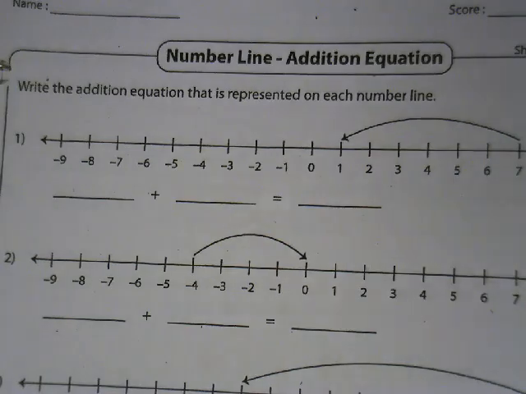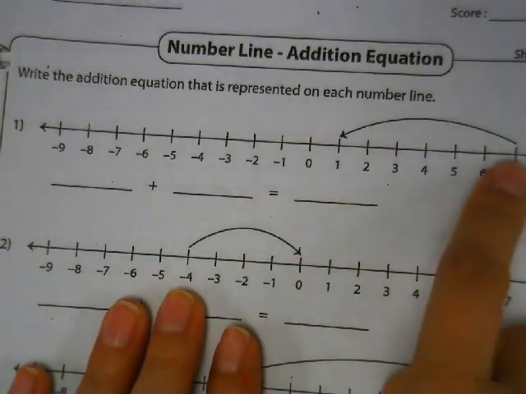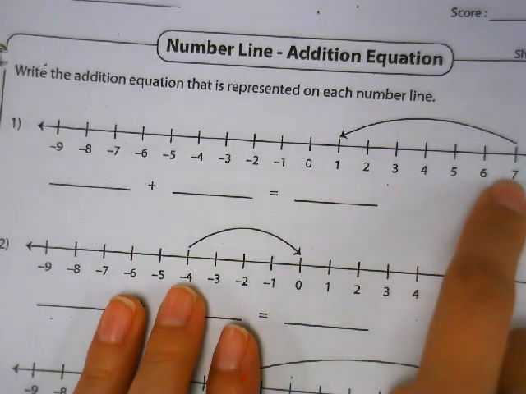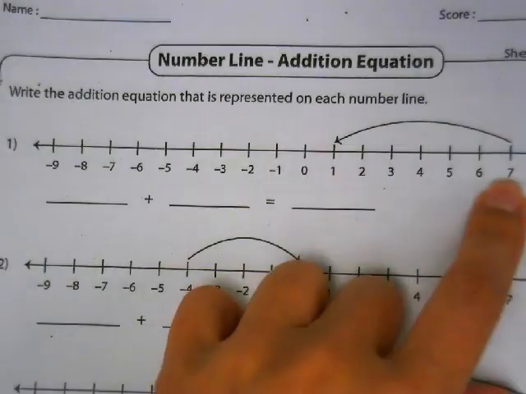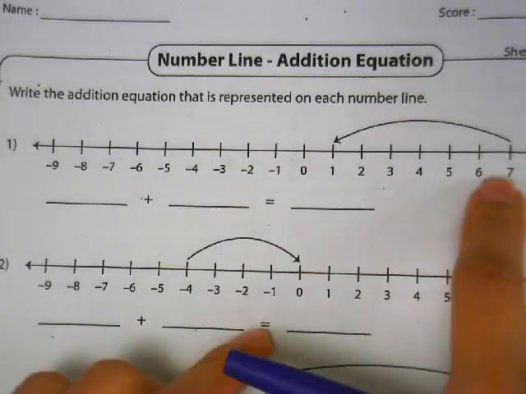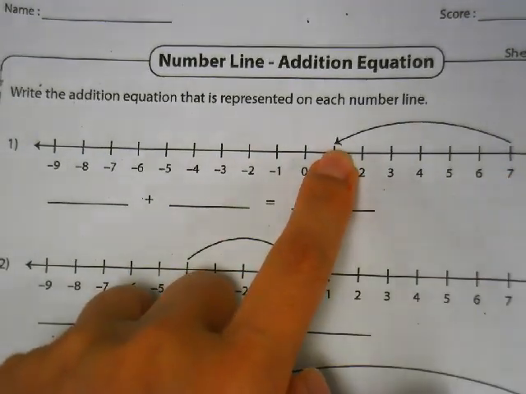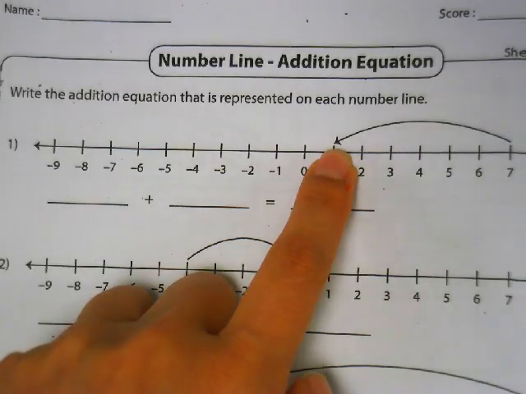Okay. Do you see where it starts? What number does it start with? The 7. So that's the first number you're going to write down. How do I know where it starts and where it ends? You see the arrow? That's where it ends.